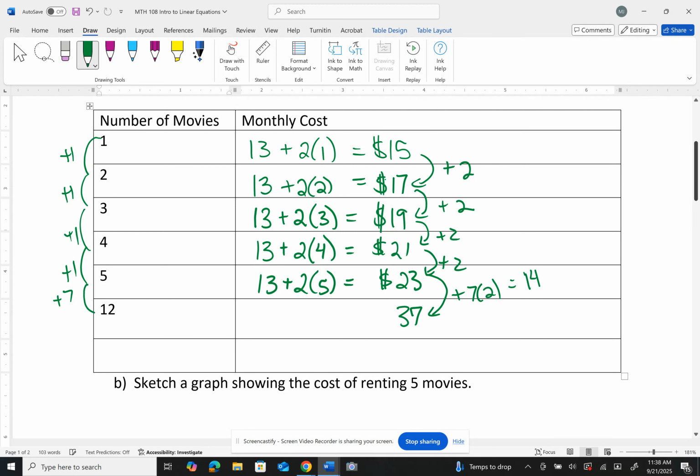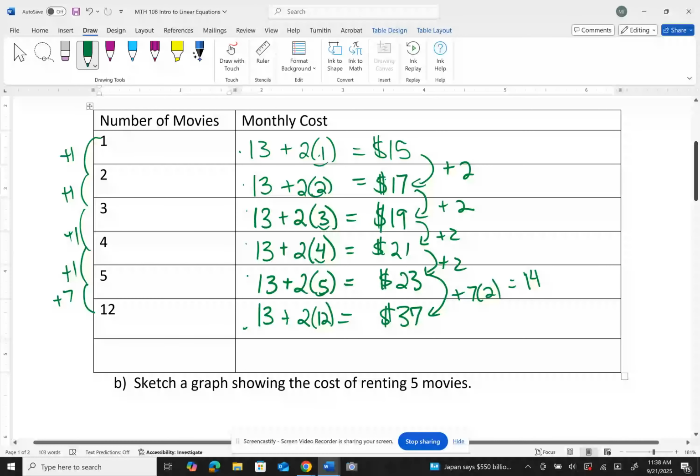But now that we've noticed, if you look at it, every single time we have to pay that flat fee of 13. Every single time we have to pay $2 per movie. And then the piece that's changing is how many movies we rented. So this time we rented 12 movies, and 13 plus 24 would give us 37.